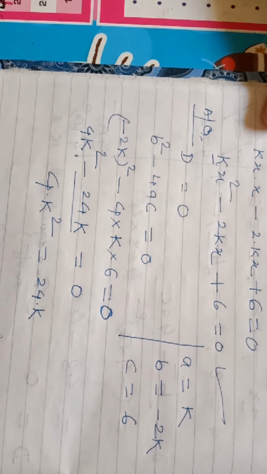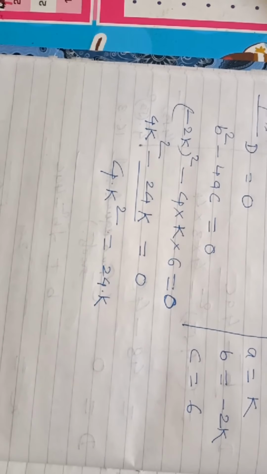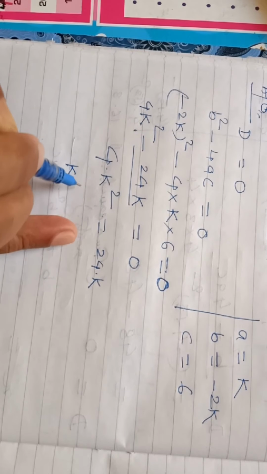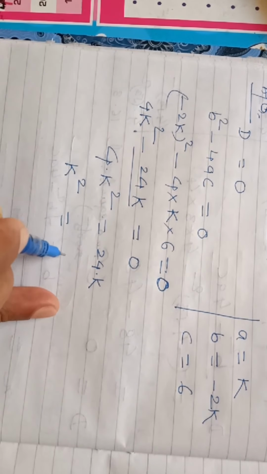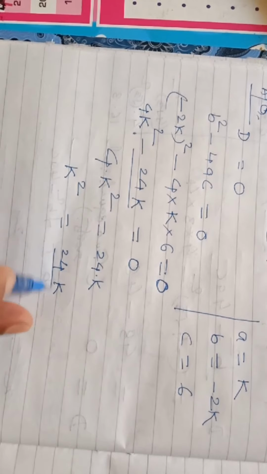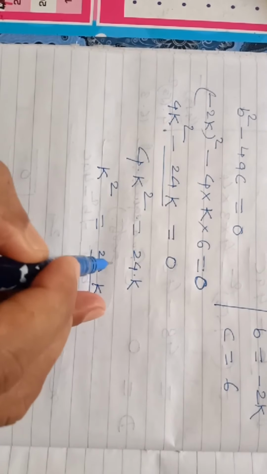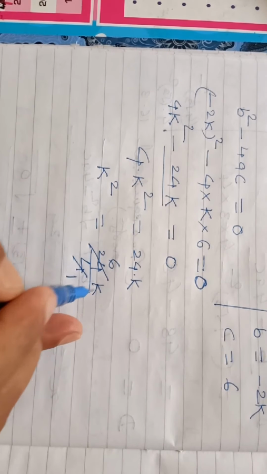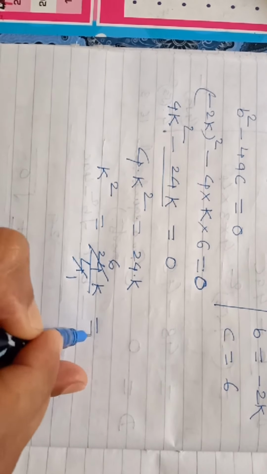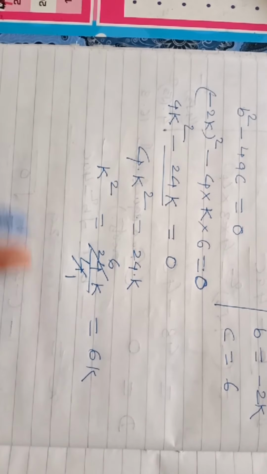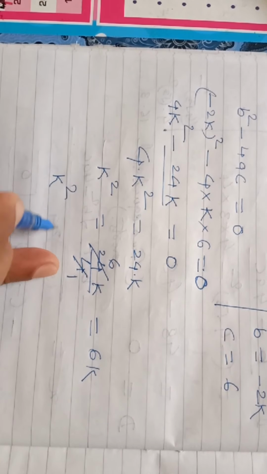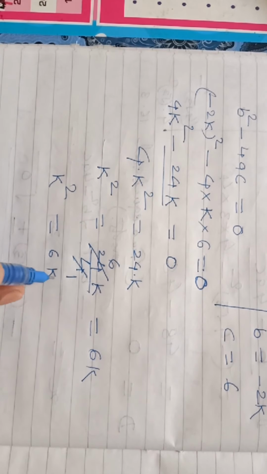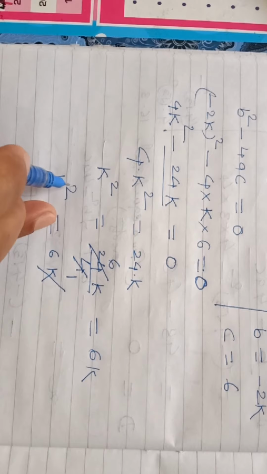But maybe it is difficult to understand, so we can do it like this. k square is equal to 24k upon 4. 4 sixes are 24, so 6k. k square is equal to 6k, and 1k is completely divided by 1k.